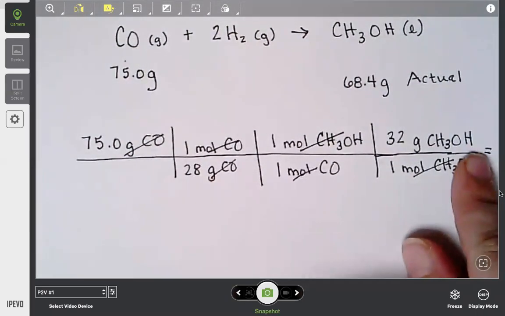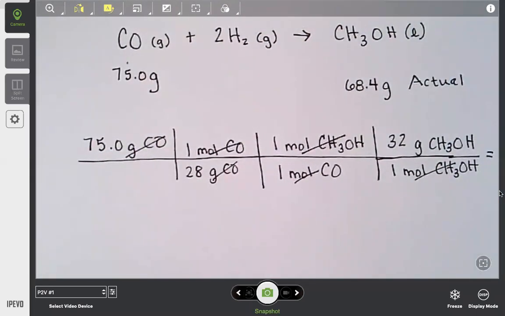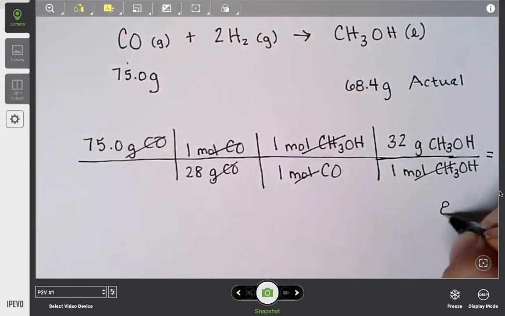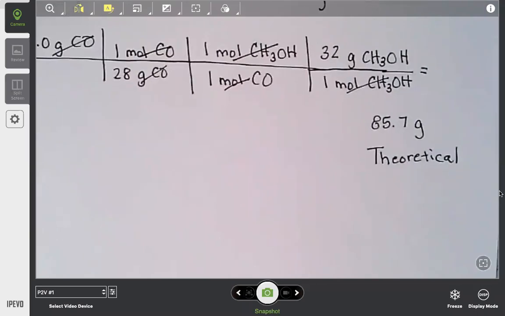So now I have it all set up, mass to mass. Multiply across the top, 75 times 32, divided by the bottom, which is 28, and I get 85.7 grams. This is my theoretical. This is what I calculated.